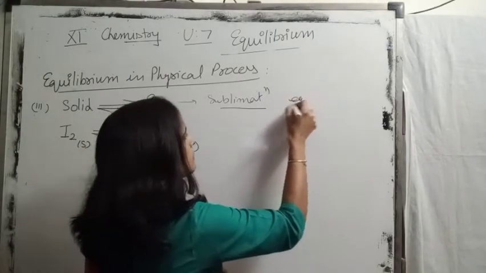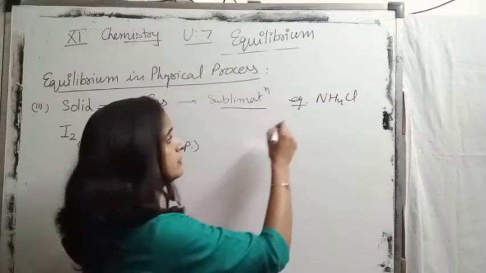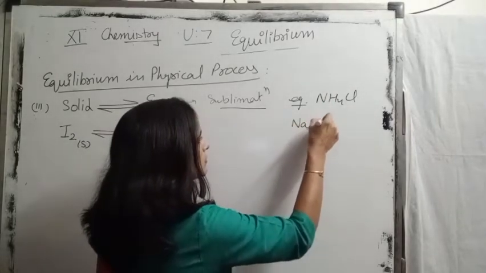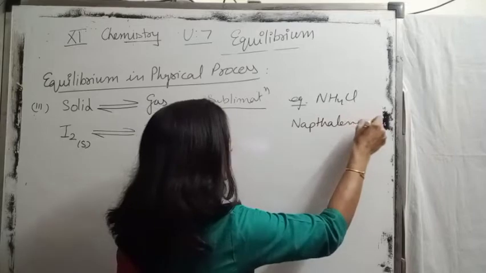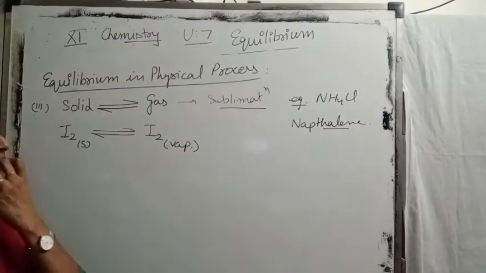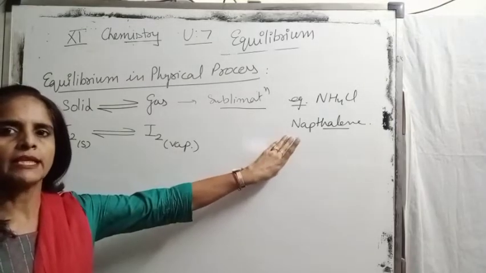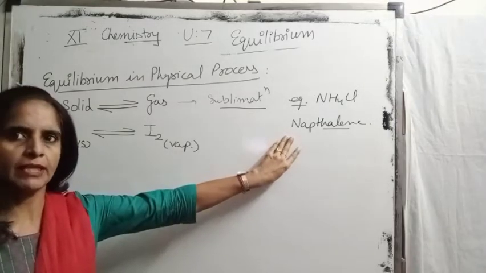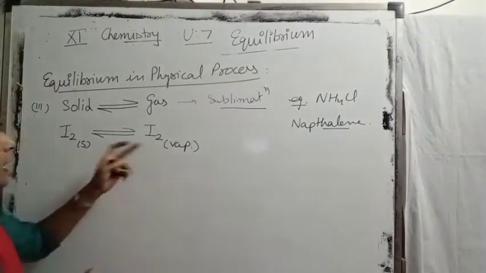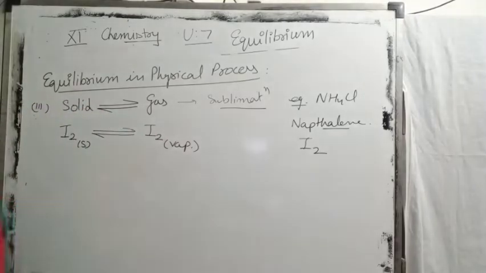Examples of sublimate compounds: ammonium chloride, naphthalene. You must have observed naphthalene balls we keep in clothes, generally during winters, right? That is again an example of a sublimate compound. Then you can take iodine. These are some examples of sublimate compounds.